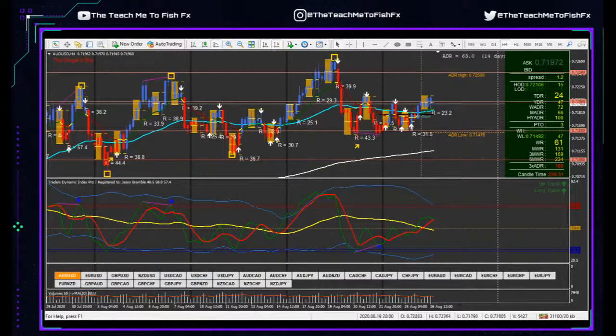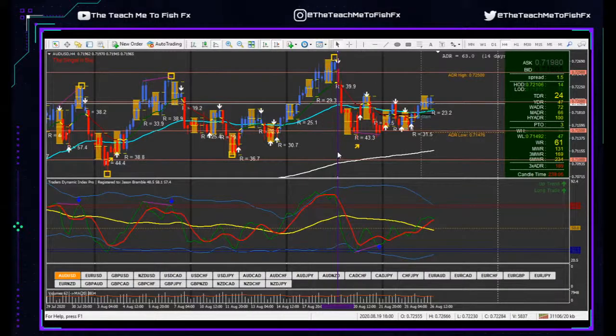With that color changing candle, you want to make sure that when you line it up with the TDI down here at the bottom, the green line has crossed both the red and yellow line. Just simplifying it. That's it, then after that, you trade accordingly.